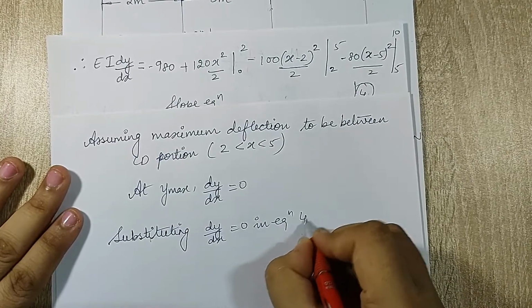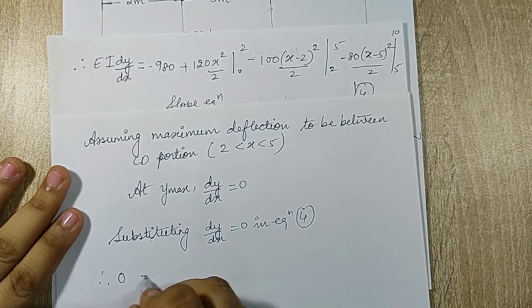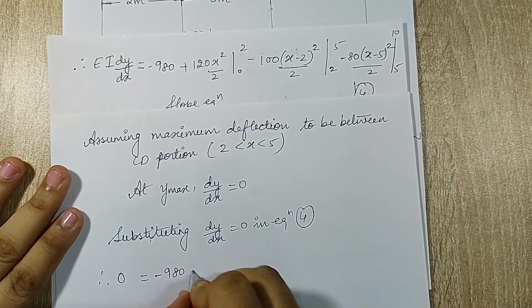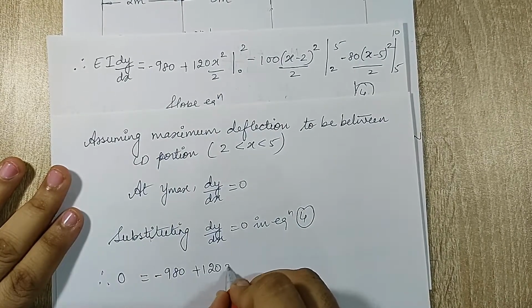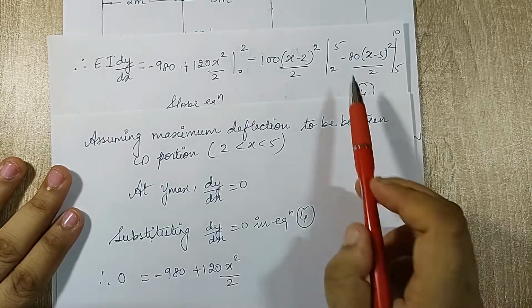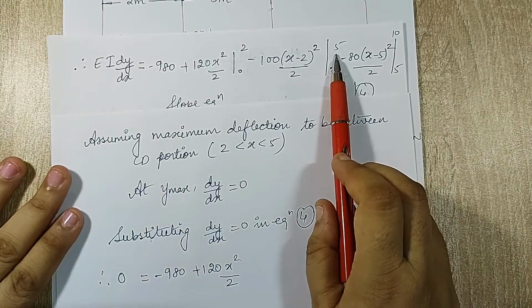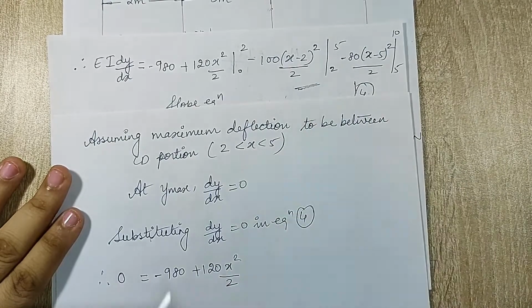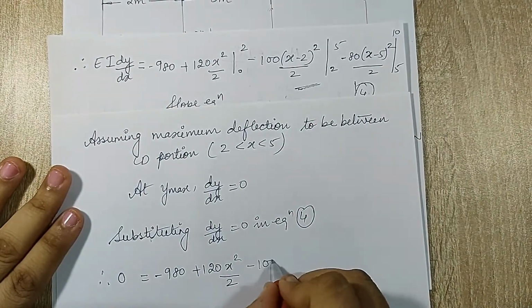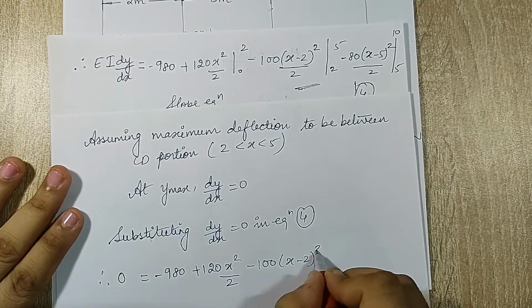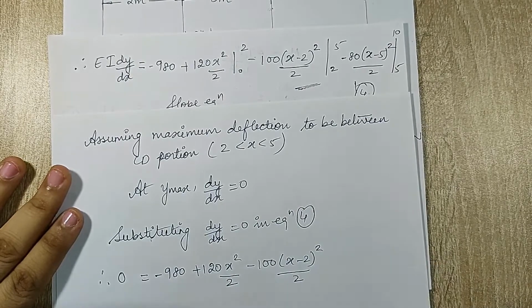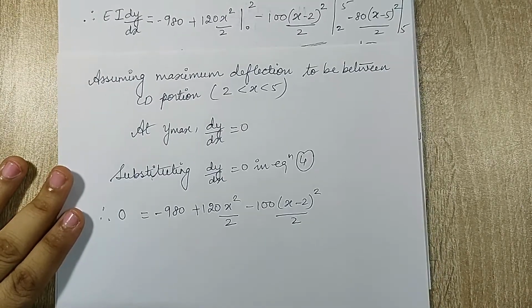So I am going to substitute in equation 4. Therefore the left hand side is 0 because dy by dx is 0. Right hand side I will have minus 980 plus 120 x square by 2. Now C to D portion ends at this point. So up to this point I am going to use the equation minus 100 x minus 2 square by 2. I am not writing the domain because I just want to calculate the value of x.